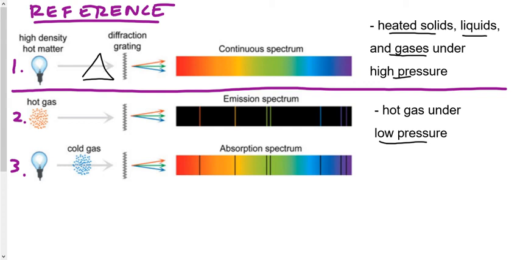What you see on this diagram, this emission spectrum, or sometimes we call it a line emission spectrum, are those colors that correspond to the specific transitions that have taken place. It is not a continuous spectrum because you don't get all colors.